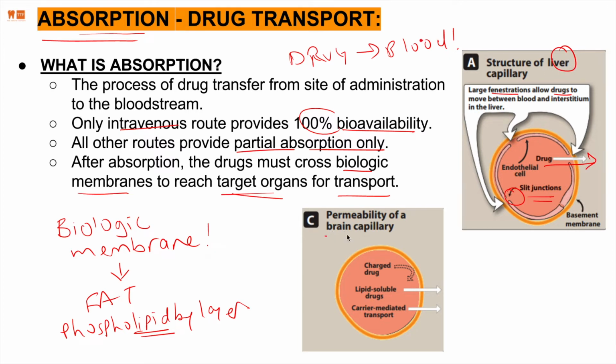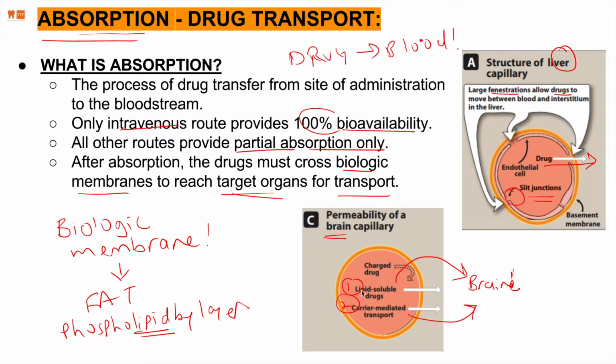However, in the brain, we must have two perfectly designed systems for the drug to move from the blood vessel into the brain itself. What does that mean? Well, number one, we must have a lipid-soluble drug for a drug to enter the brain. And second, carrier-mediated transport should be present, which allows the drug to transport into the brain.